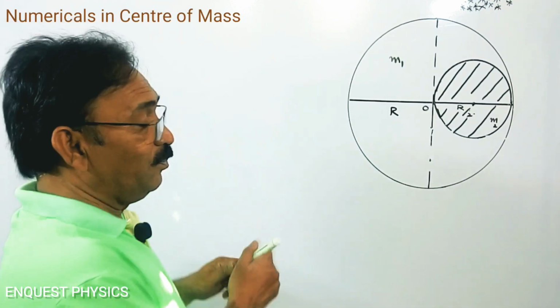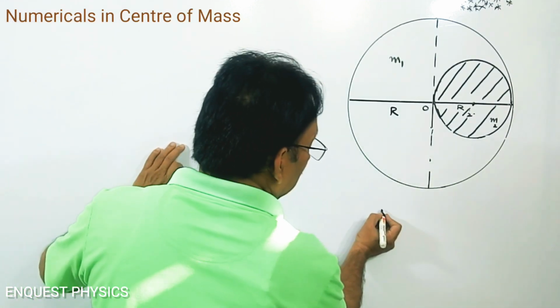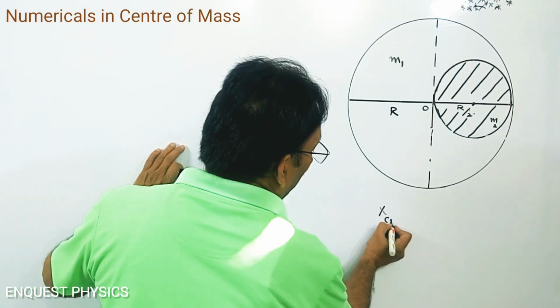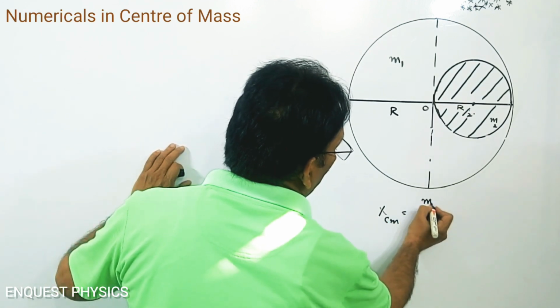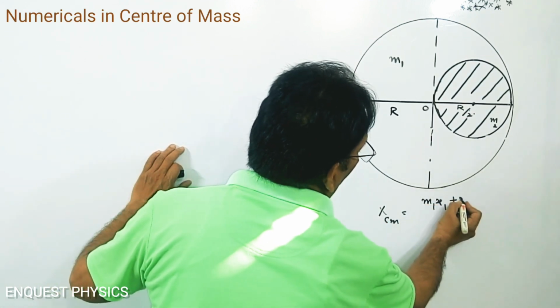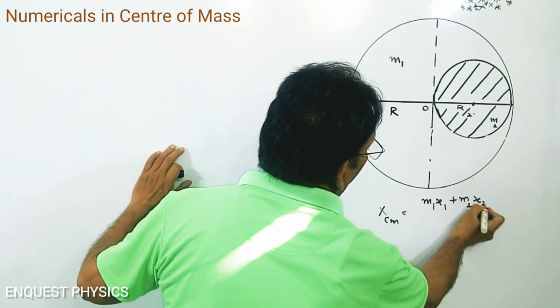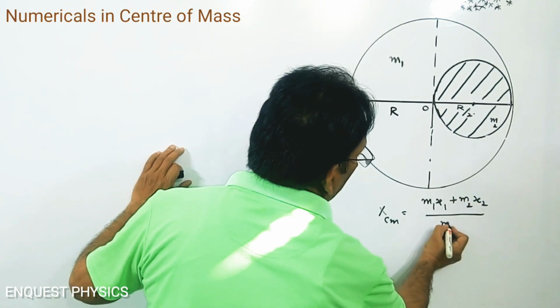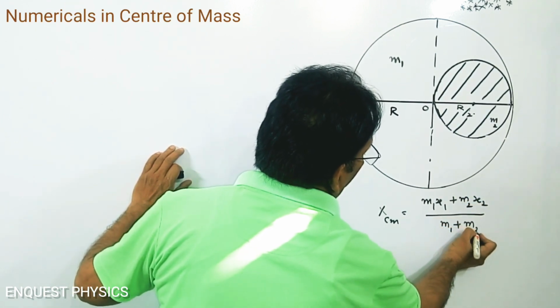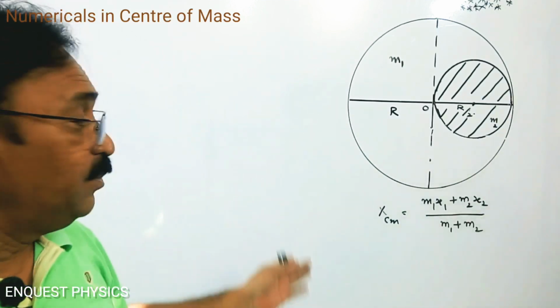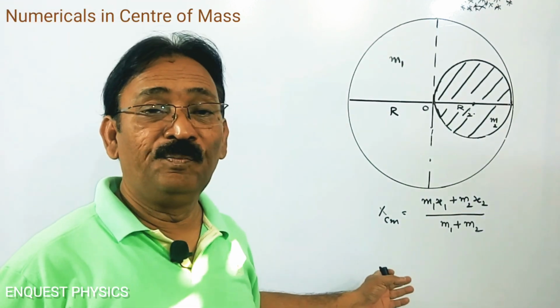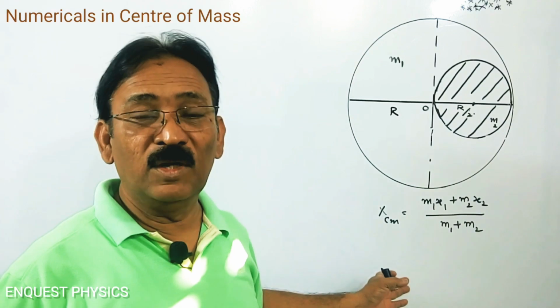Then we have to find out the exact location. You have learned that to find the center of mass, we have an equation: xcm is equal to m1 x1 plus m2 x2 upon m1 plus m2. Maybe you observed the same thing in my previous video on center of mass of a two body system.